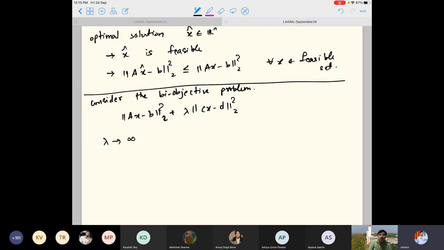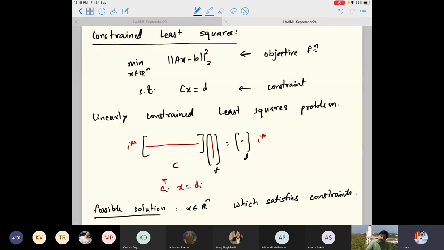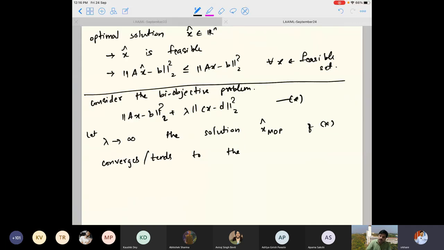Then as you let lambda go to infinity, the solution X hat of this multi-objective problem, the solution of star, converges to the solution X hat of the linearly constrained least squares problem, LCLS, double star. Okay, so that is the relationship.